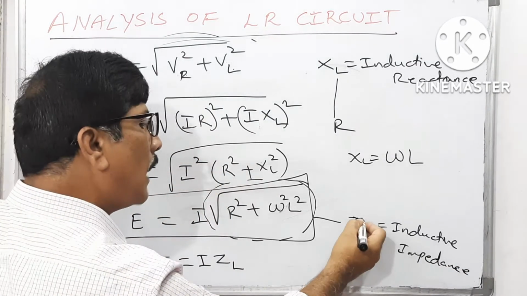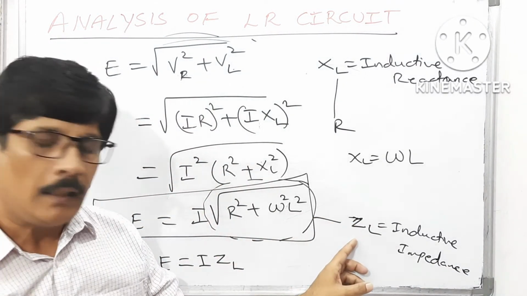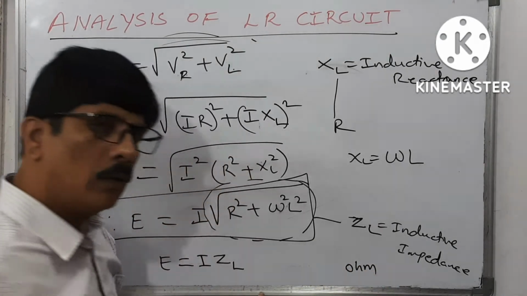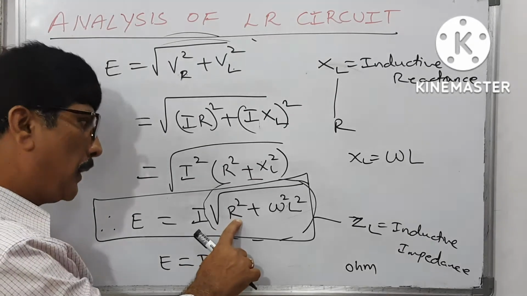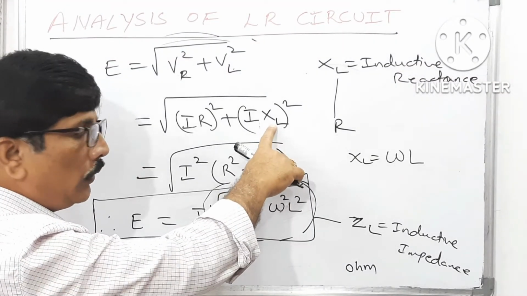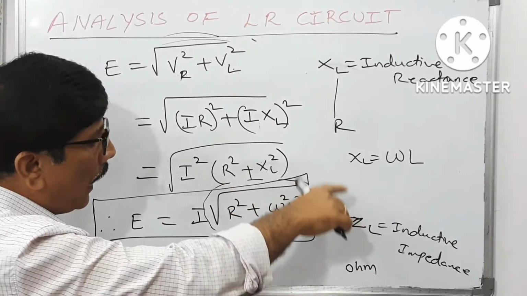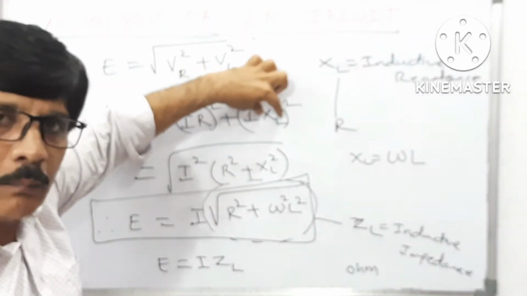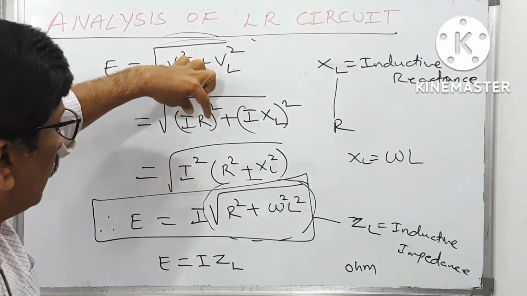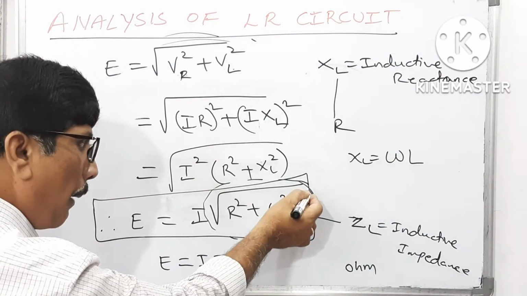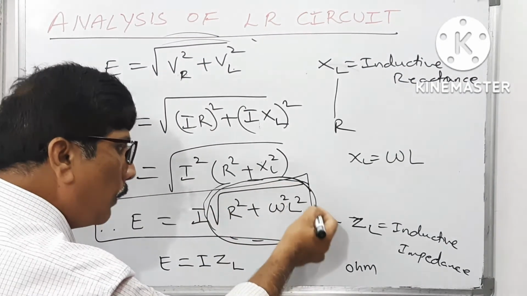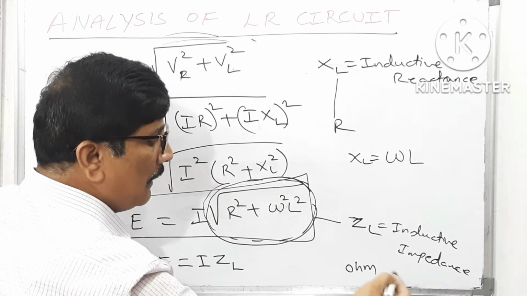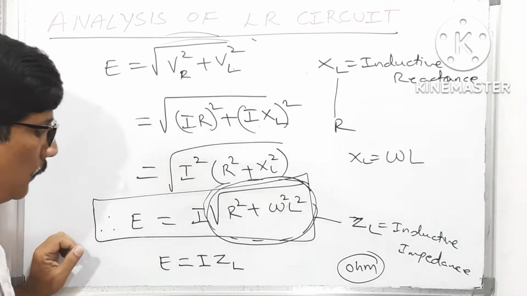Inductive impedance is also a resistance. It is also measured in ohms. There is no doubt. So, resistance is measured in ohms. Inductive reactance is measured in ohms. And inductive impedance. You remember, inductive reactance means we are talking about only the inductor. Resistance means only the resistor. But the combined opposition offered by the inductor and resistor is called inductive impedance. It is also measured in ohms.